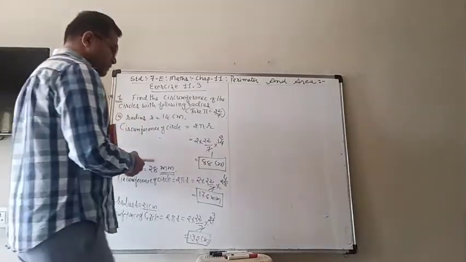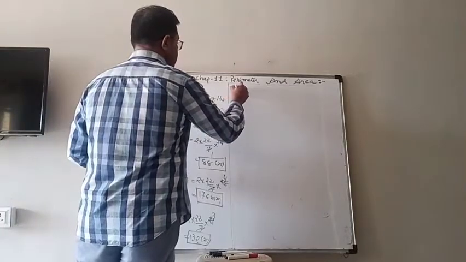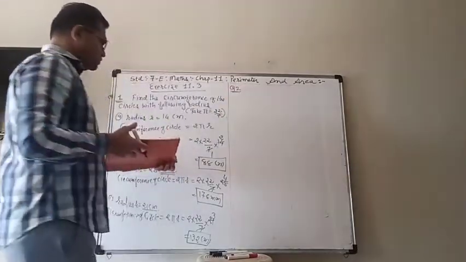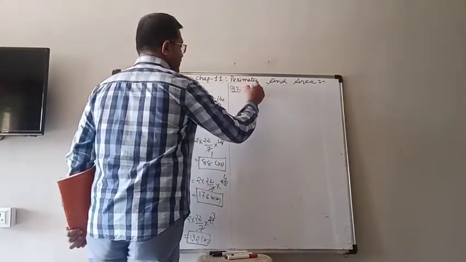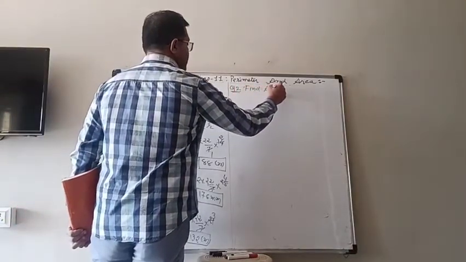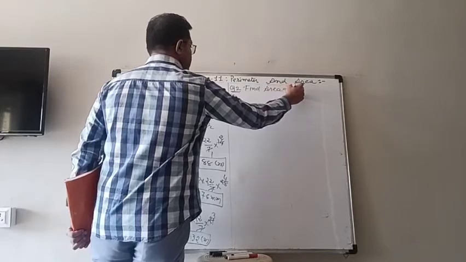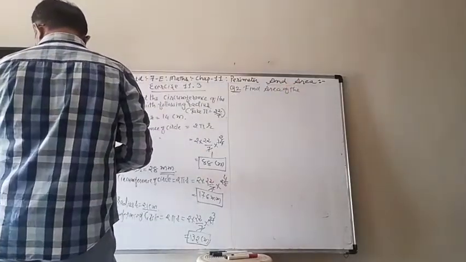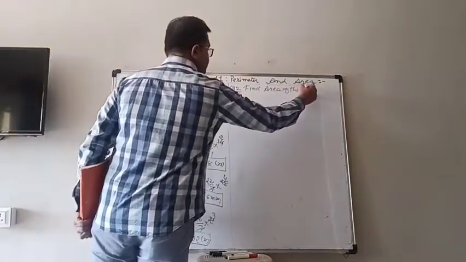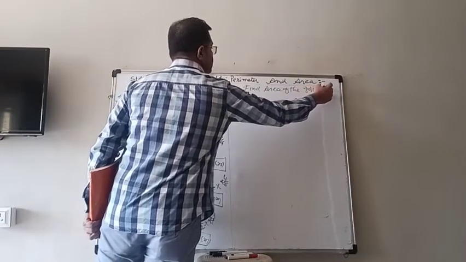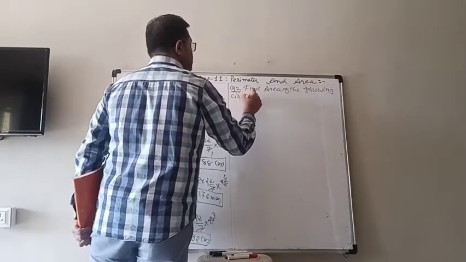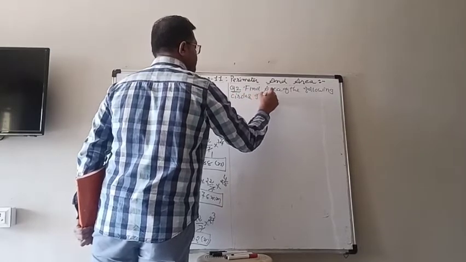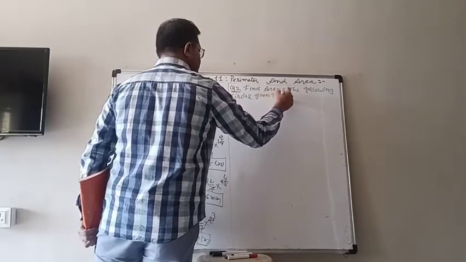Let's do question number 2. Question number 2, we have to find the area. Find the area of the following circles. Now different things are given.